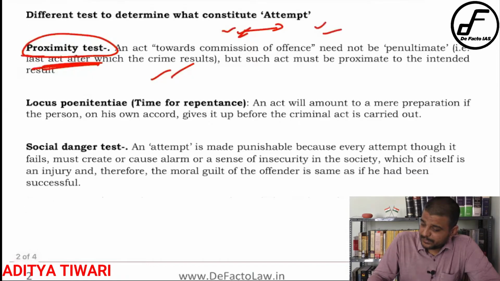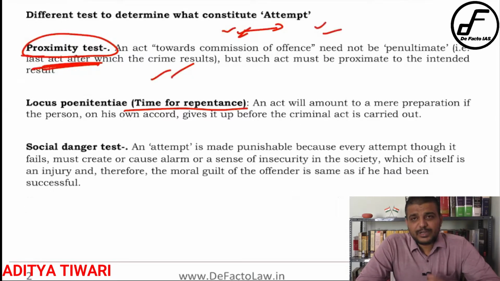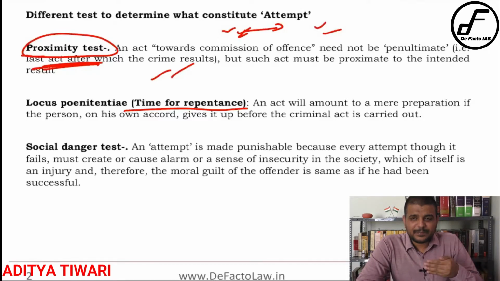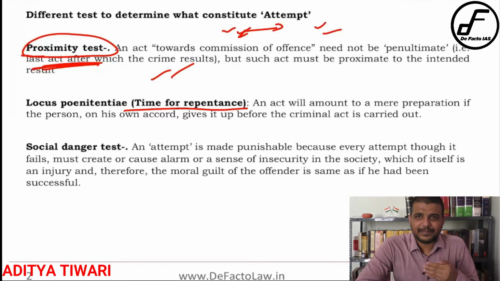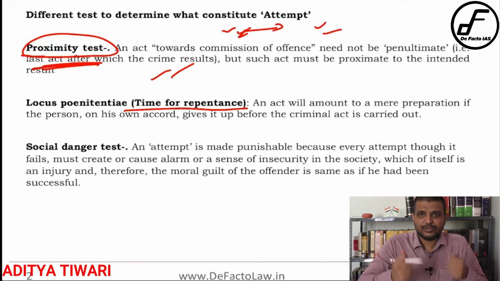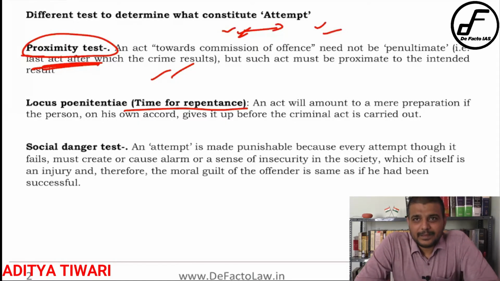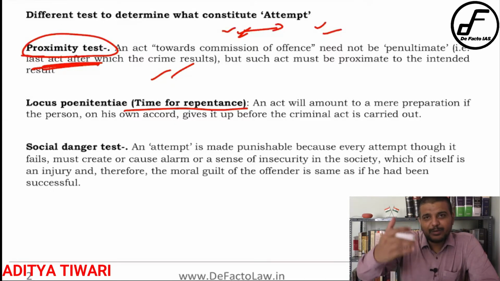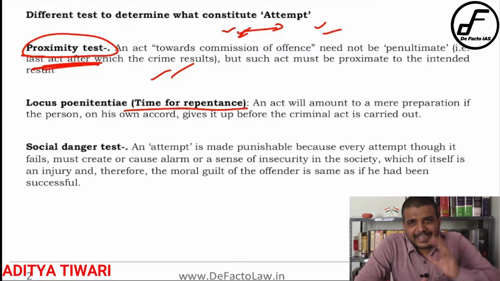Then we have time for repentance, right? If you can control yourself between a particular act and the actual commission of the crime. Like you were driving a lorry, there is a very famous case, and you are about to enter a state where that lorry had a certain type of crop which was banned in that state. Now you were 5 kilometers before the border of that state, but still you had time to come back.